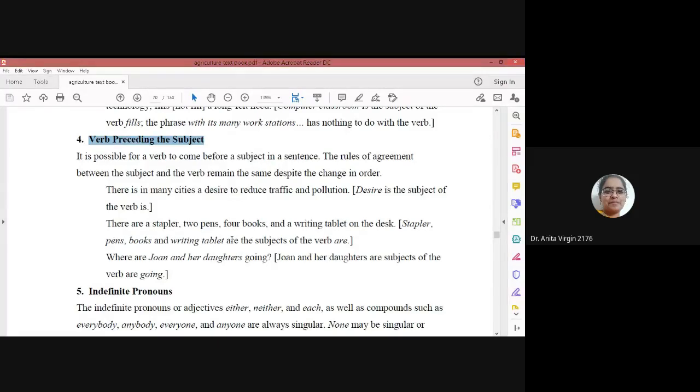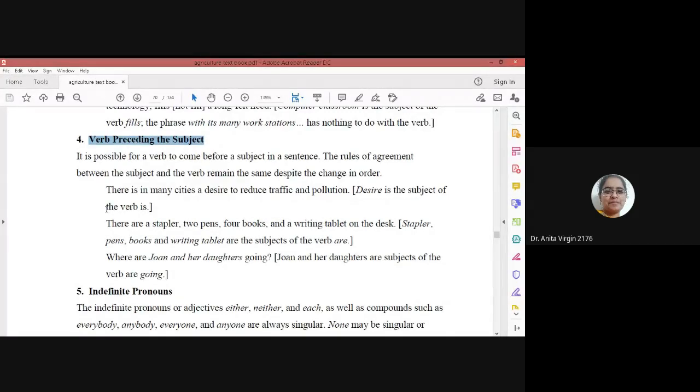It is possible for a verb to come before the subject in a sentence. The rules of agreement between the subject and verb remain the same despite the change in order. So wherever the verb comes, it's not a problem. It should agree with the subject.